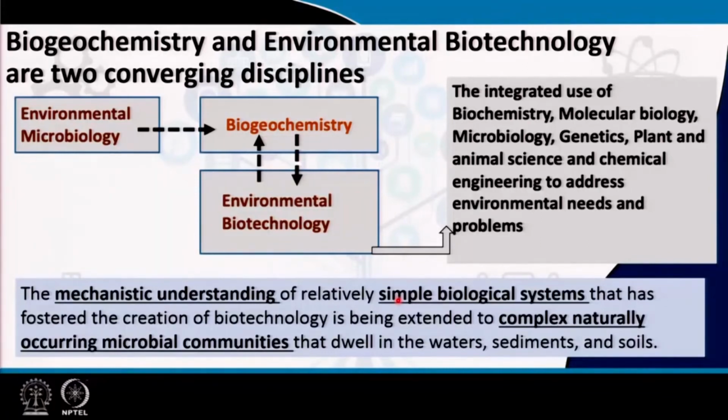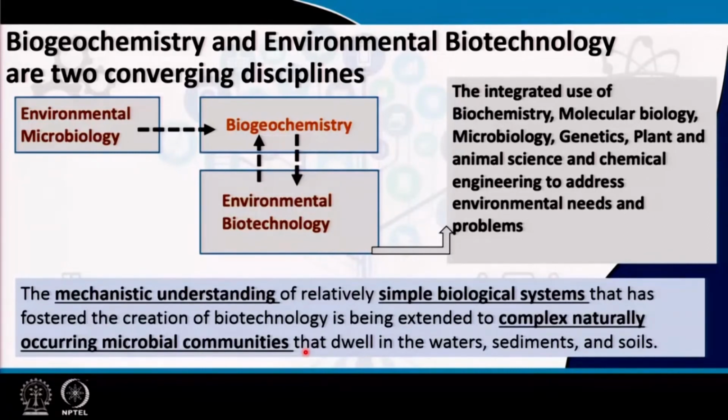This mechanistic understanding of the entire process, how this is facilitated, simple oxidation of sulfide or reduction of sulfate in a given environment, or oxidation of a particular species of arsenic, or reduction of iron within a particular type of environment, has fostered the creation of biotechnology and is being extended to complex naturally occurring microbial communities, in order to, like microbial fuel cells, have advanced wastewater treatment systems, in order to generate lipids and other biologically useful molecules from carbon dioxide.